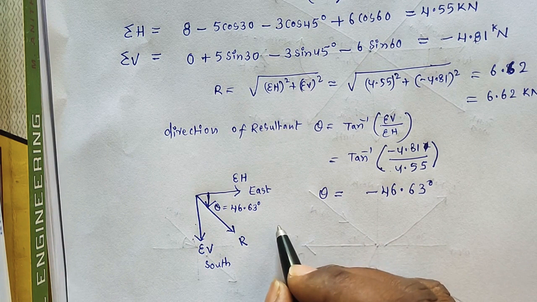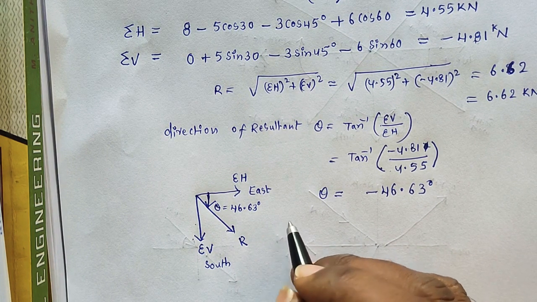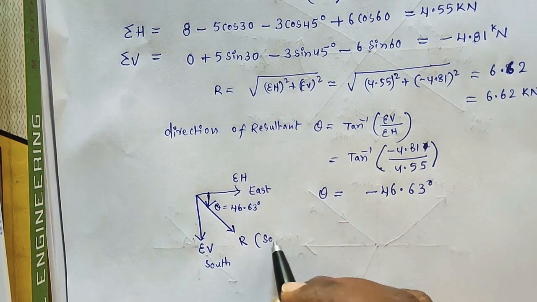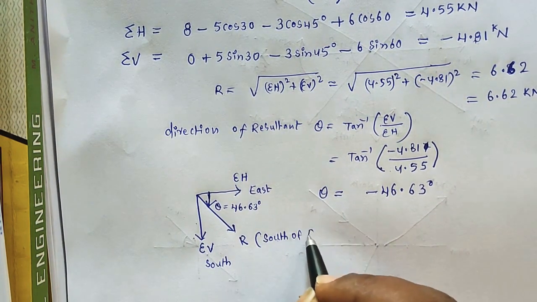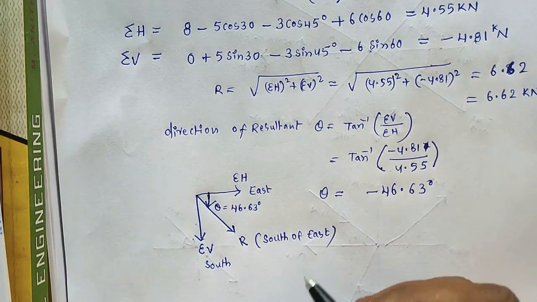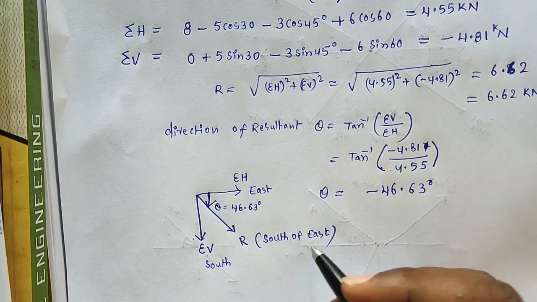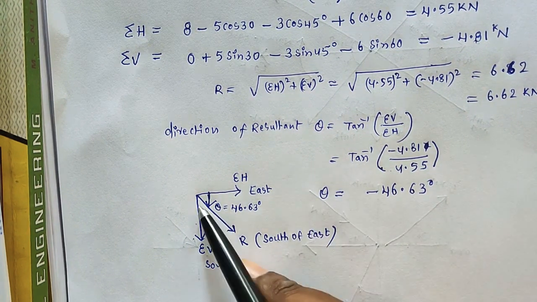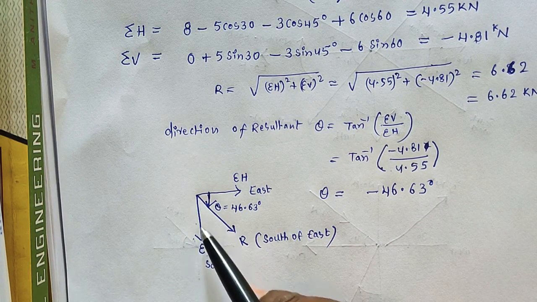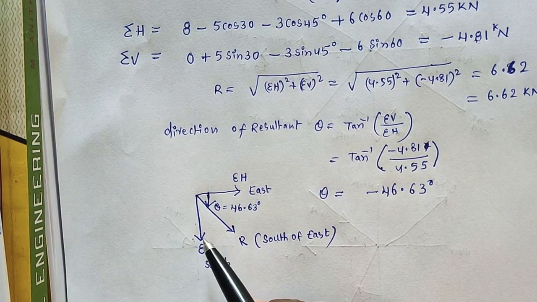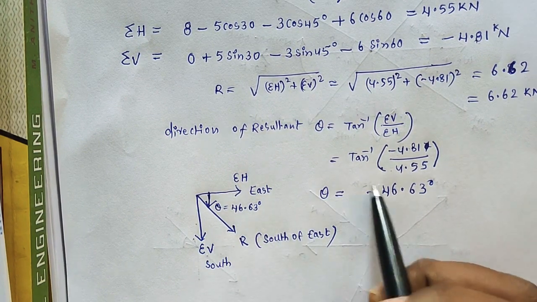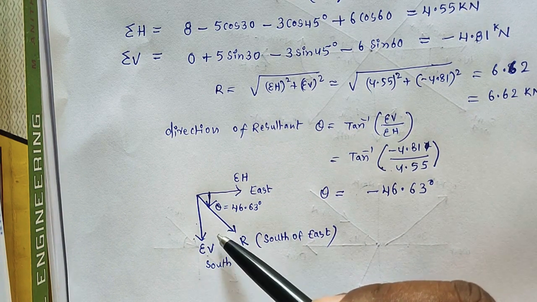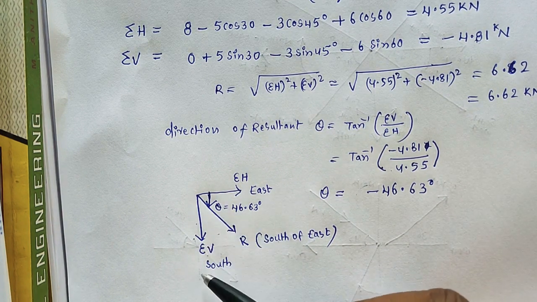Here the minus represents that sigma v is in the negative y direction, so this negative value represents the negative quadrant or negative y-axis direction.